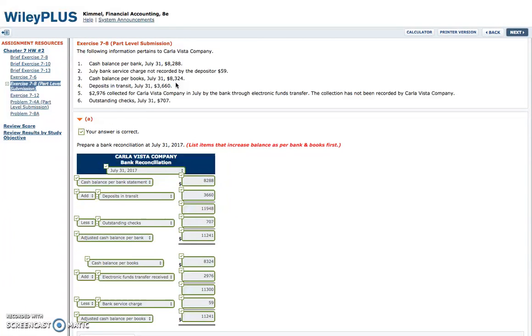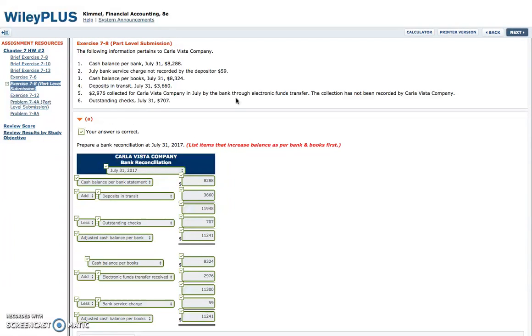So the very first step, we're going to add any other deposits, and these would be any unrecorded deposits. So in this example, we have number 5, a $2,976 amount collected for the company in July by the bank through an electronic funds transfer, and the collection has not been recorded by the company.